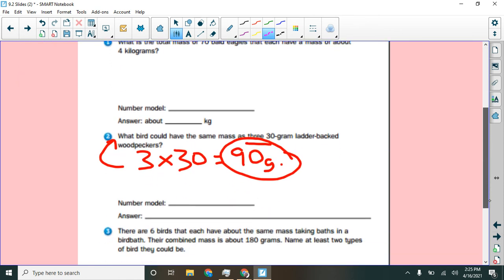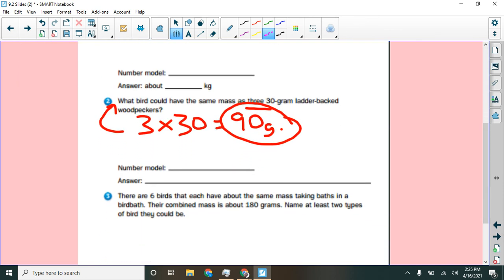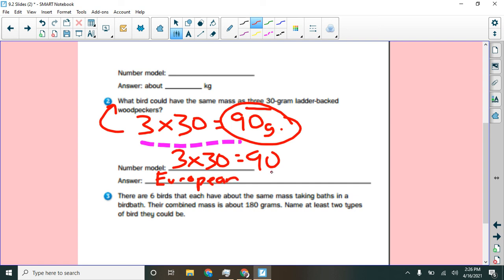So here's what we have to write. Here's our number model: 3 times 30 equals 90. But our answer is not 90. Our answer is one of those birds. I'm going to put European starling. If you picked a different one, that's fine.